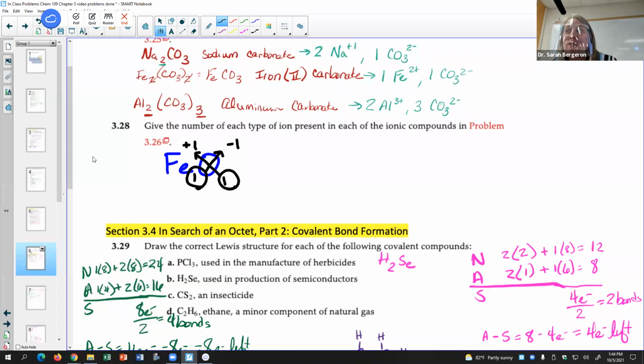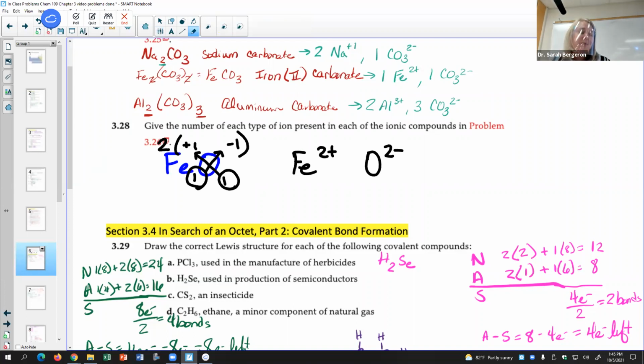No, it's a transition metal, so we can't do that. But we know oxygen. What does oxygen have to be? Must be a -2. So if you multiply both of these by whatever number will get you the right charge, it'll work. So this is Fe2+ and oxygen 2-, and it works. See that? So it's the same thing we did before, except you have to go backwards.